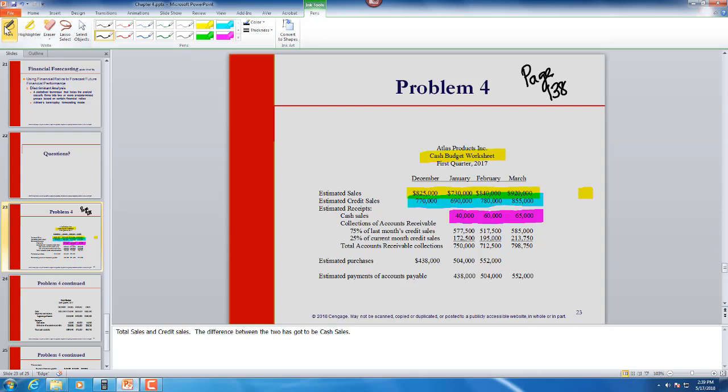But what is collected of December sales in January is, so what you collect in January is 75% of credit sales from December, which is 75% of this particular number, is collected here, right? 75% of January credit sales, which I'm using a different color, are collected in February, and 75% of February sales are collected in March.